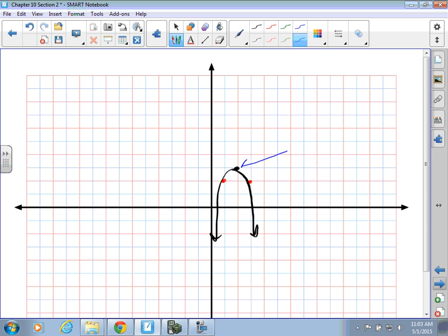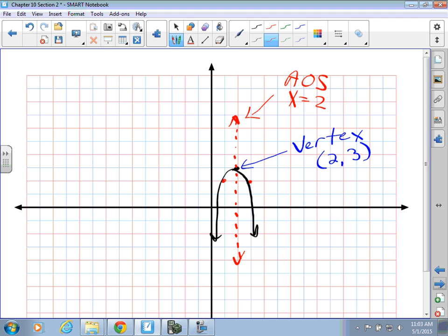And where did you get the 3 from? The vertex. Now, the reason why it's called a maximum is because the Y value can't get any higher than that. If I were to graph that and put all kinds of X values in, that Y value would never get bigger. That's why it's called a maximum, and that's why I grab my Y value, okay? That's where the Y value of the vertex means something.